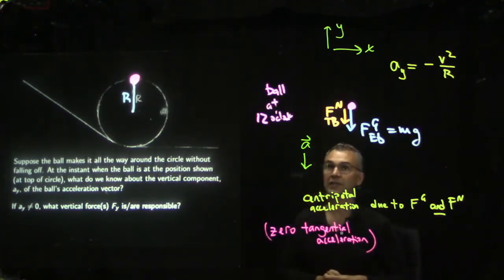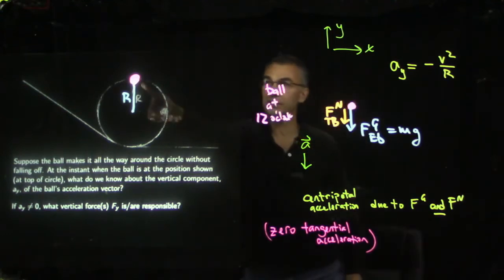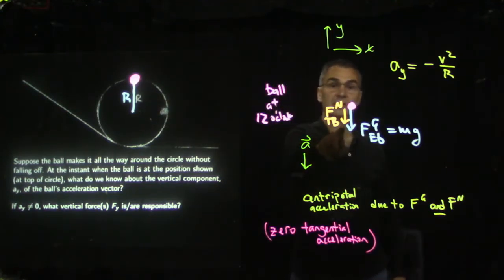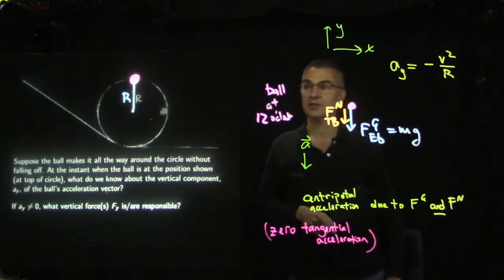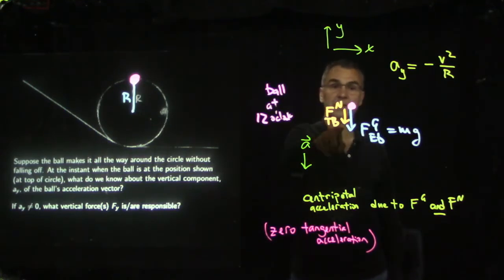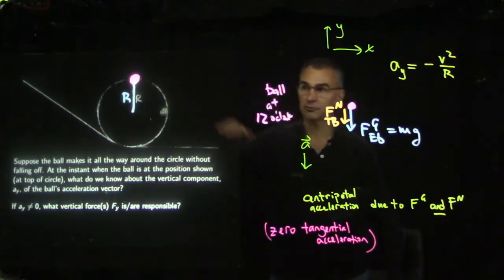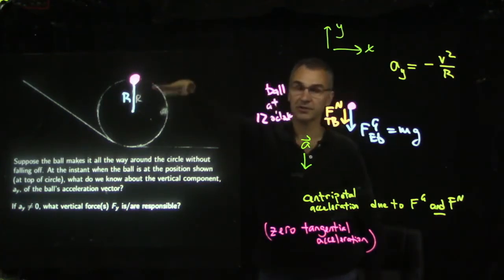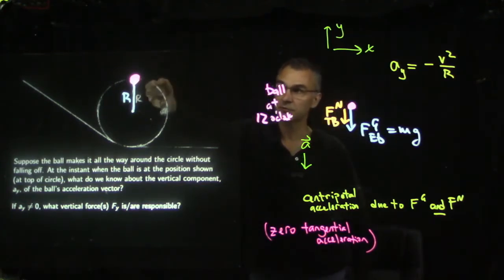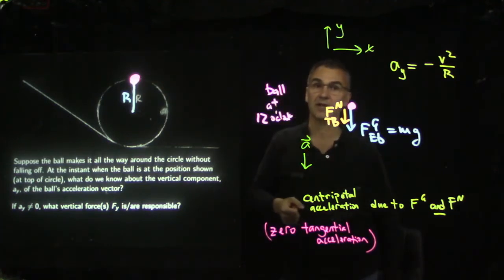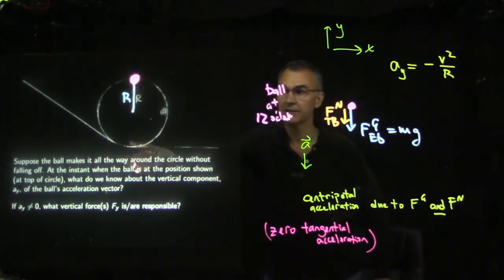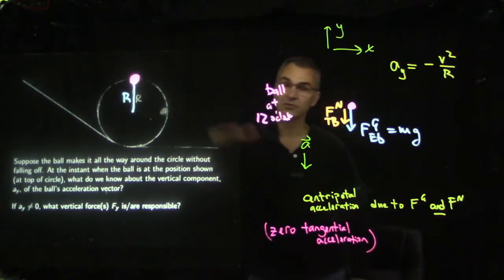So I think we need to make sure that the ball, when it reaches the top, is going fast enough that the normal force required to keep the ball moving in a circle is pointing down rather than up, because you know the track is capable of pushing down on the ball when the ball's at the top. The track is not capable of pulling up on the ball when it's at the top. It might be if it were like a tube, but it's not a tube, it's just a flat track.